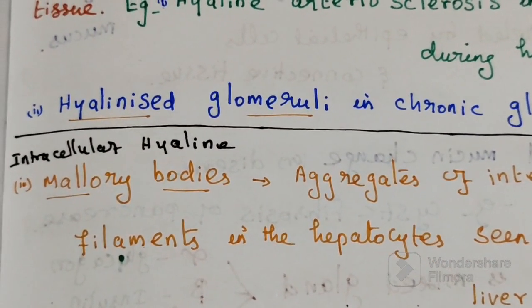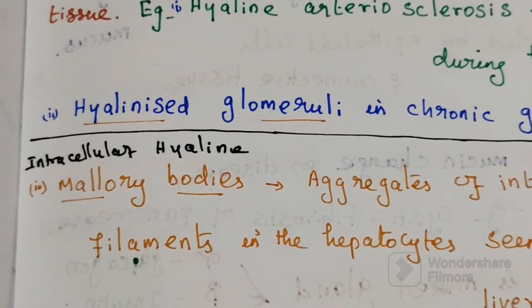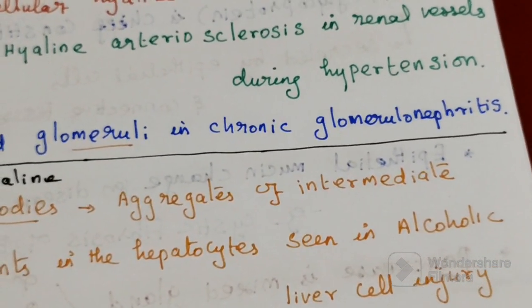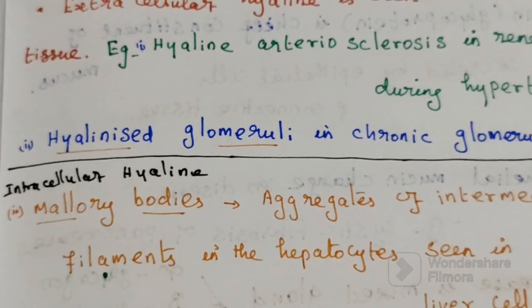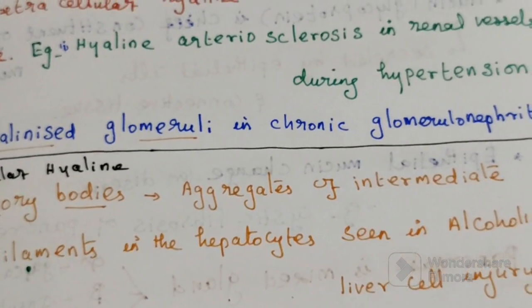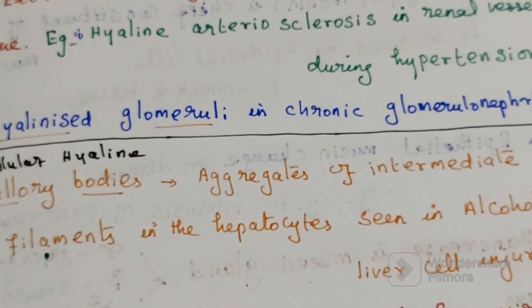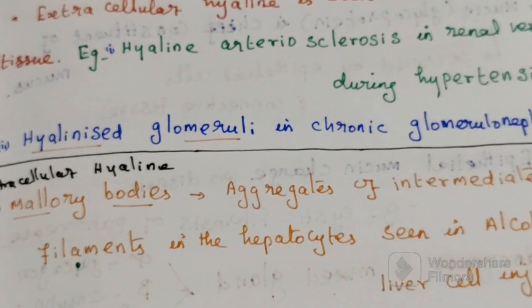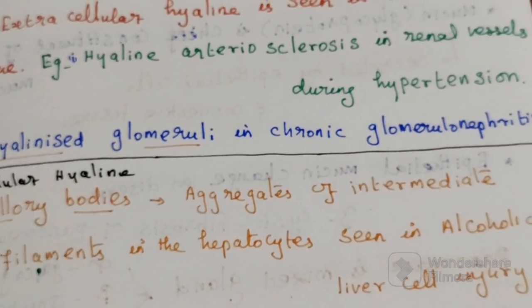Then hyalinized glomeruli in chronic glomerulonephritis. Due to any infection in the kidney, hyaline accumulates in the nephron.